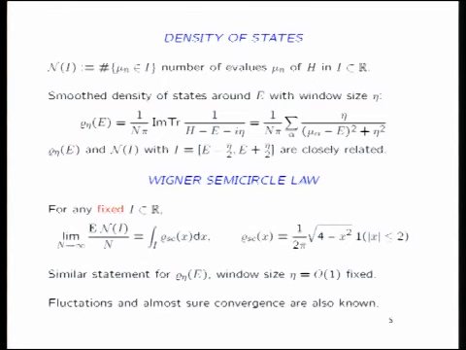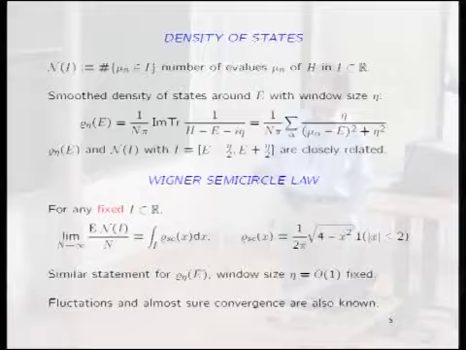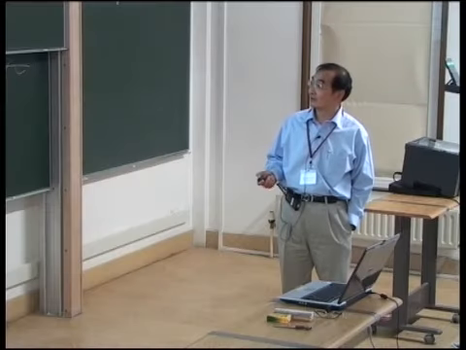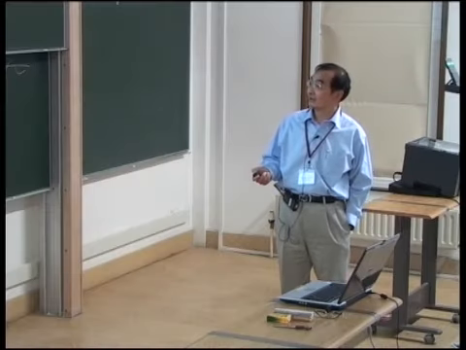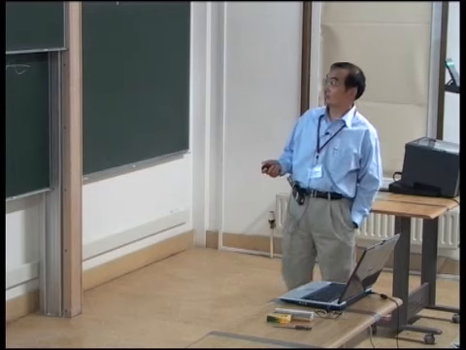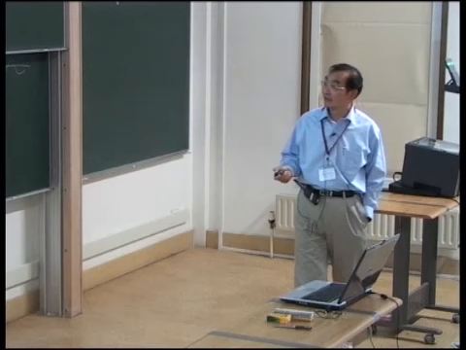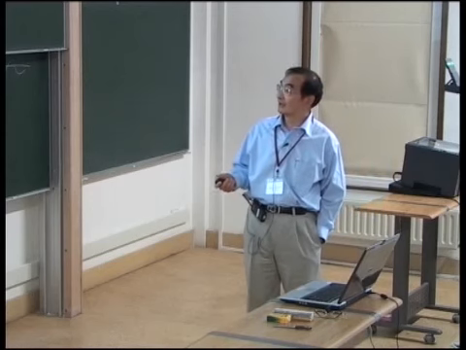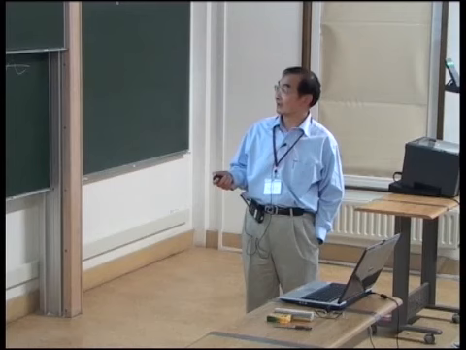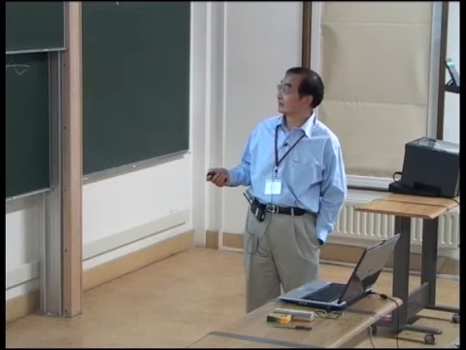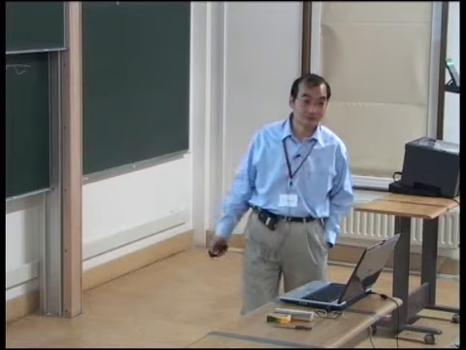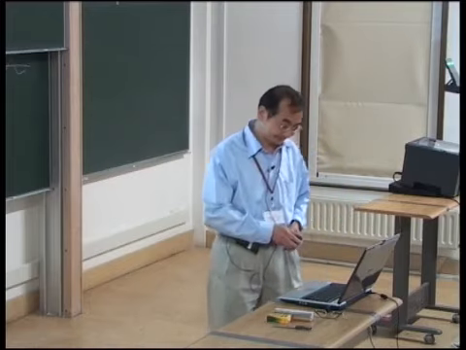Mathematically, you also have precise results about the fluctuation, and this convergence is not just in expectation, you can say almost sure. So the question is not really in what sense you can prove this convergence. It's really what's the smallest window you can use to prove this is correct.